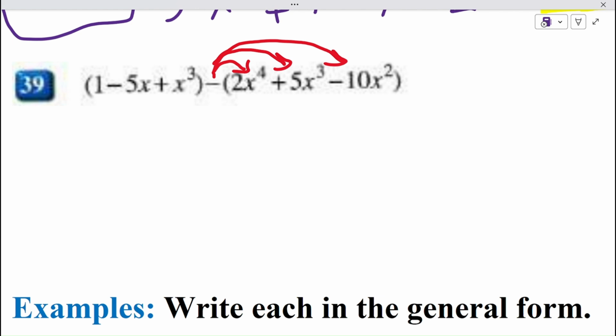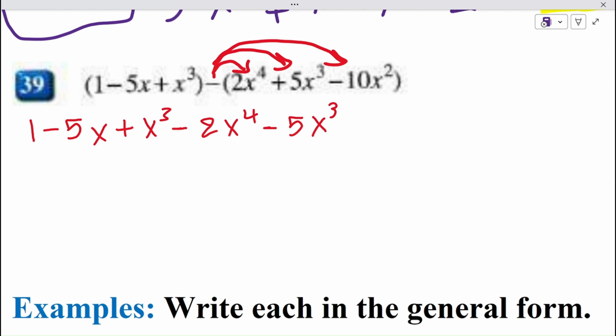Now, minus times plus is equal to minus 2x to the power 4, minus times plus is equal to minus 5x to the power 3, minus times minus is equal to plus 10x to the power 2.